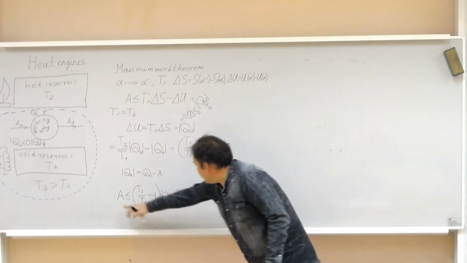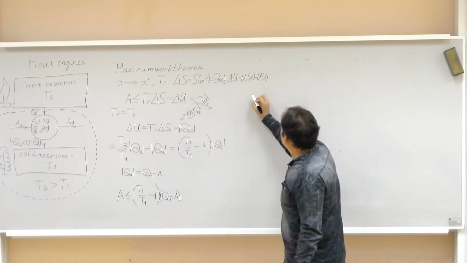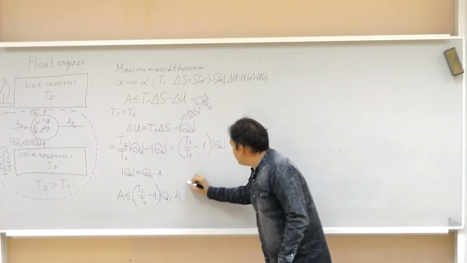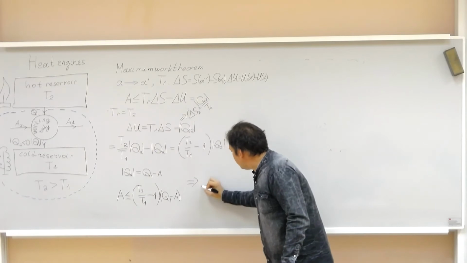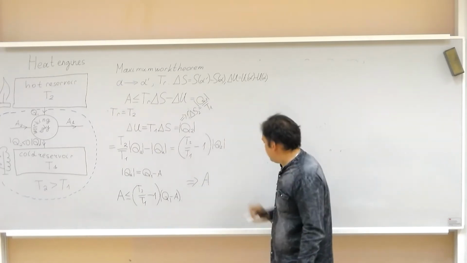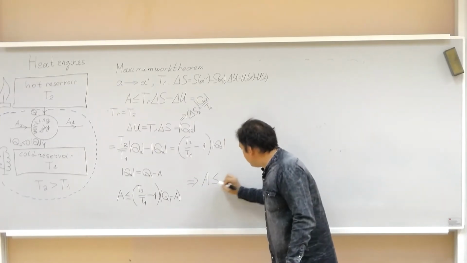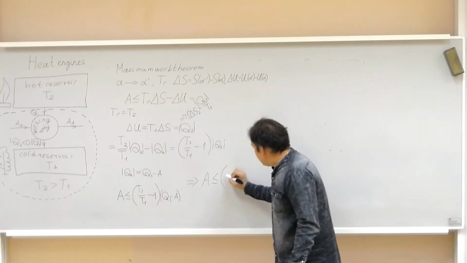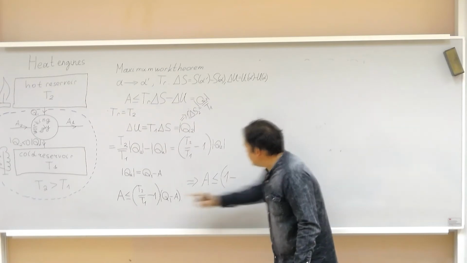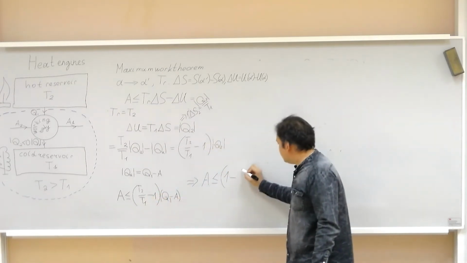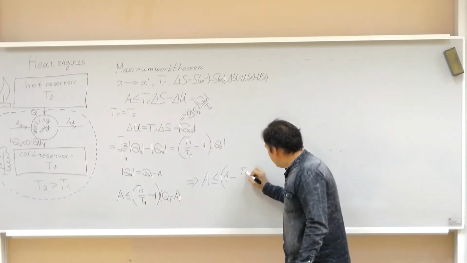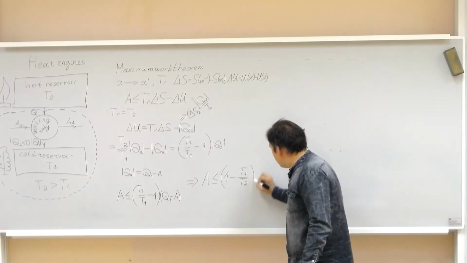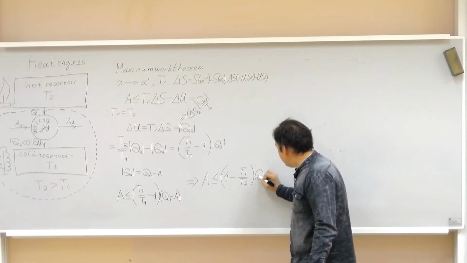I should take A here, and if I collect everything, I will find A is less than or equal to (1 minus T1 divided by T2) multiplied by Q1.